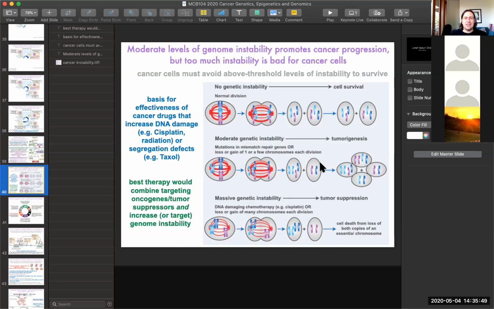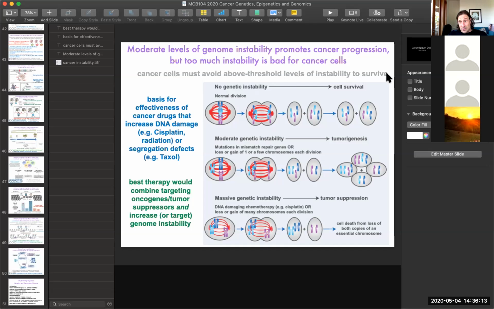As you see at the top, too much instability is bad for cancer cells. It's bad for normal cells too. Which is why we talked a little bit about what I would call broad therapeutics, meaning they don't target a specific type of mutation, like a specific kinase involved in melanoma, but they just broadly either cause DNA damage or cause chromosome segregation defects.